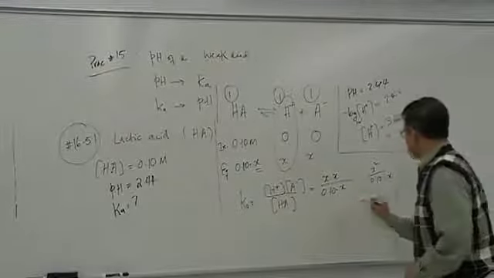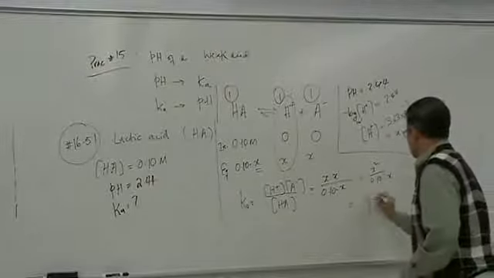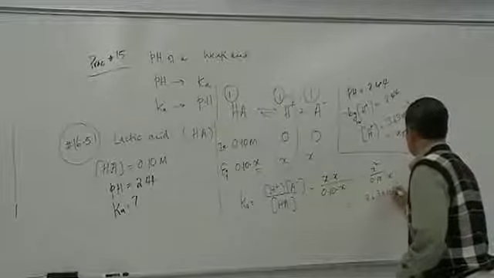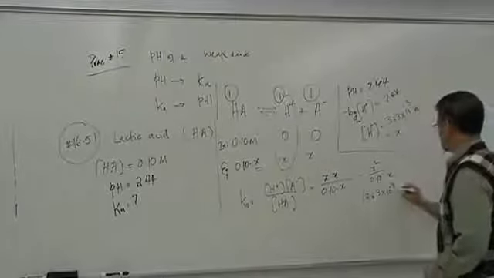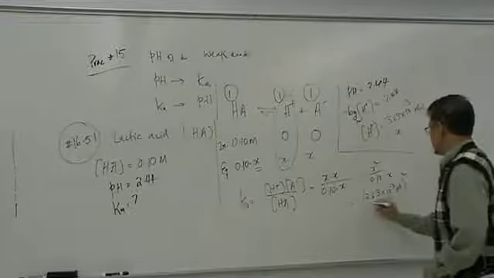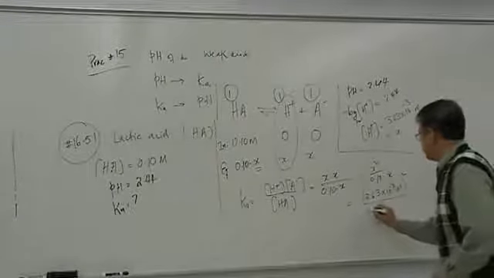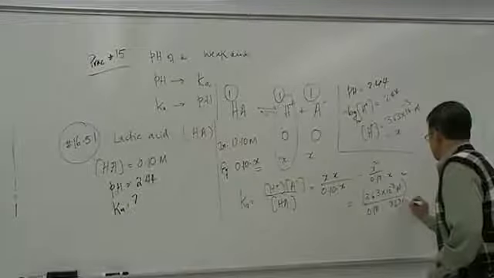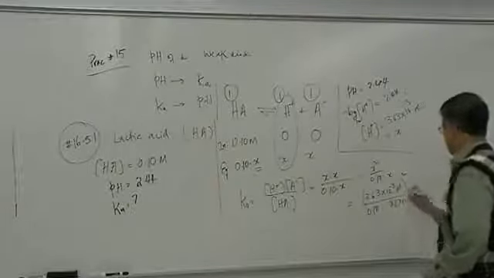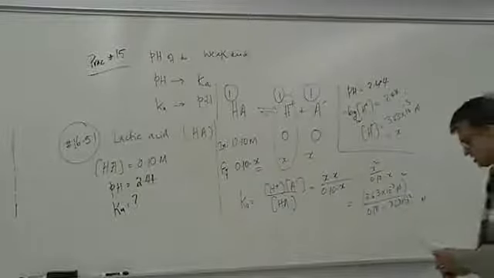So that means I can now solve it. 3.63 times 10 to the negative 3, that's the molarity. So square that, divide by 0.10 minus 3.63 times 10 to the negative 3. That's also molarity. Molarity squared by molarity.